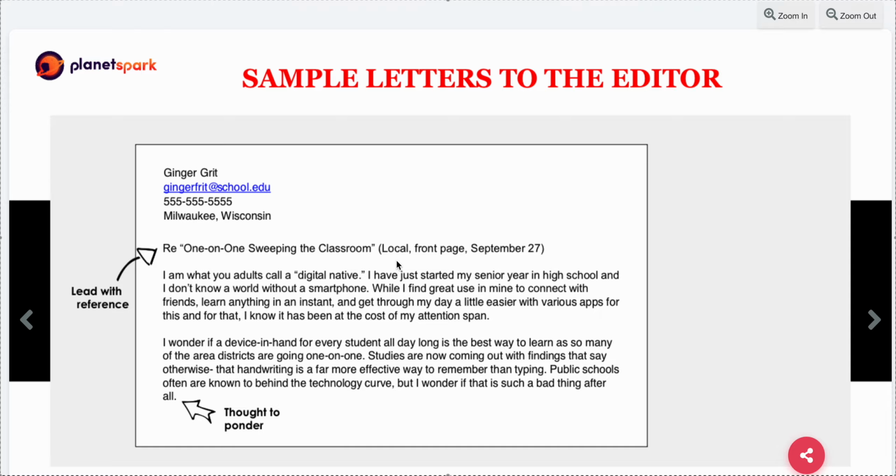It is when it was created, when he sent it. The front page of the newspaper named Local, dated September 27.